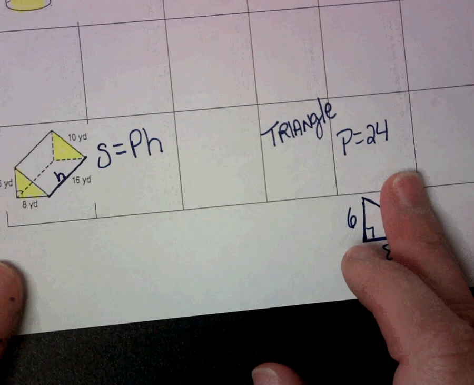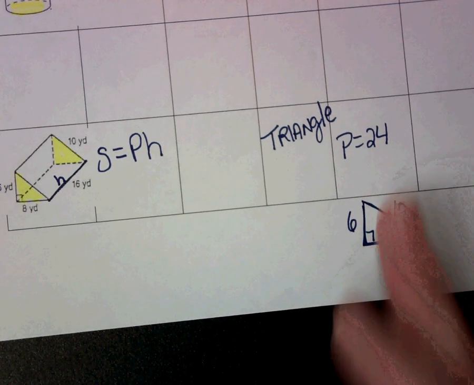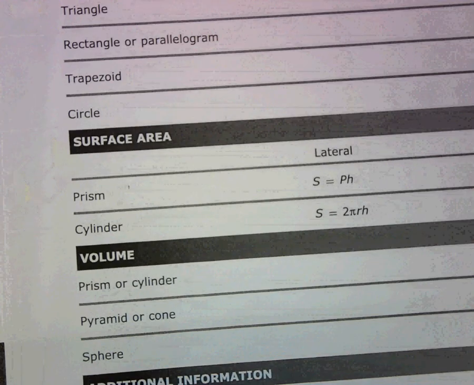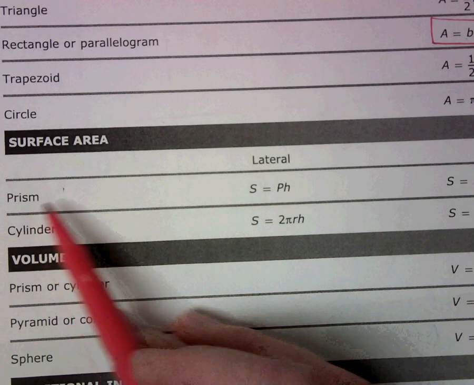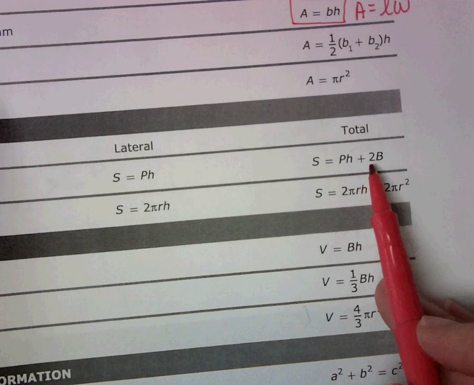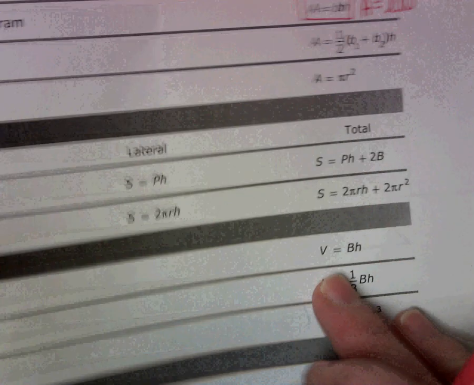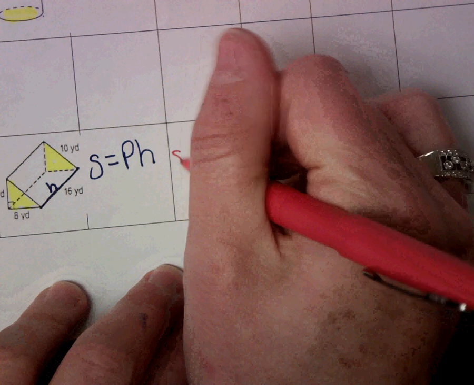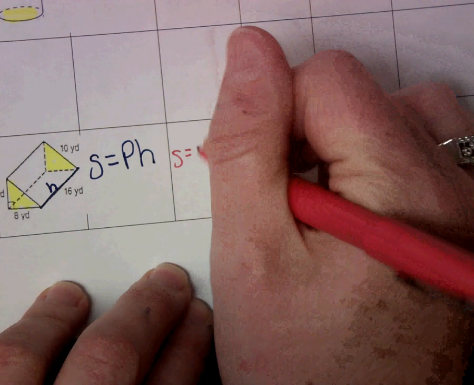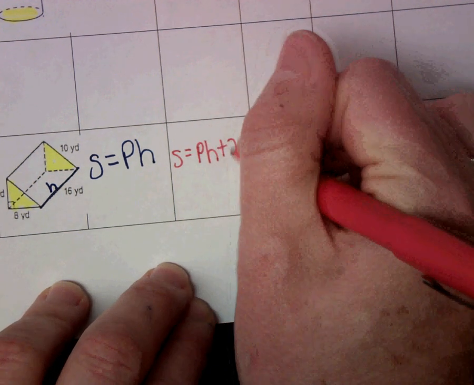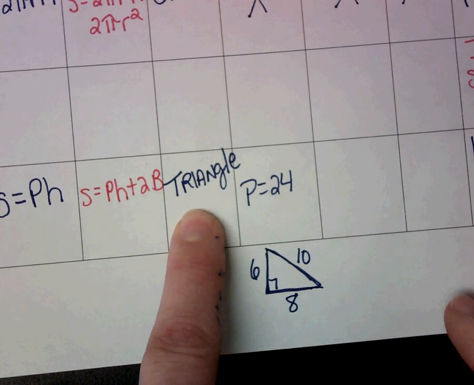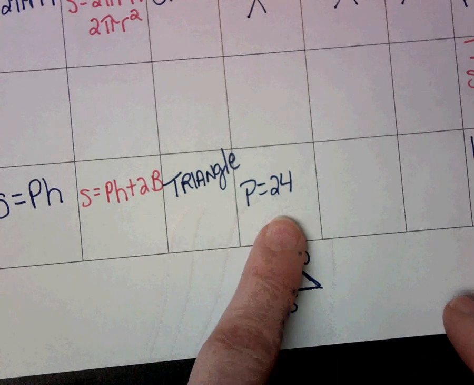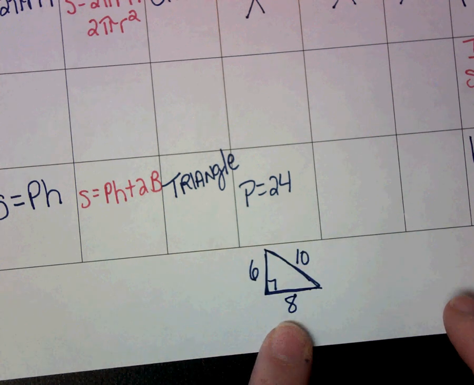Okay, the next one, we have a triangular prism. If you look at your formula chart, there's nothing that says triangular prism. There's just prism. So come over. Notice this is the same as a rectangular prism. But that doesn't mean we do it exactly the same, because our base is a triangle. Perimeter, we have to add up all the sides.